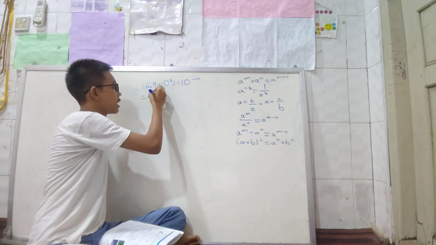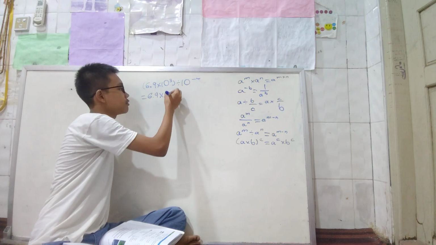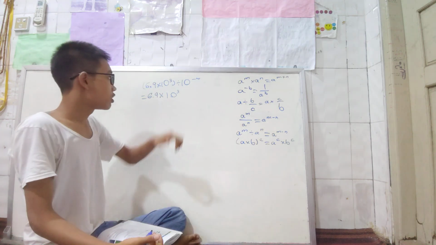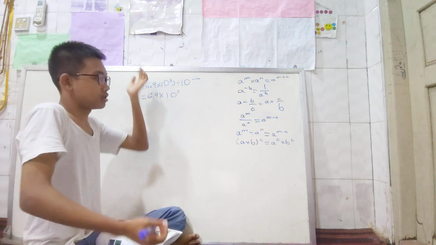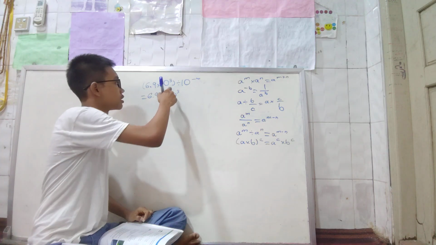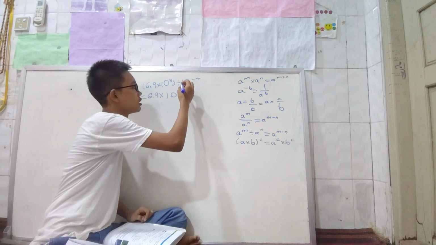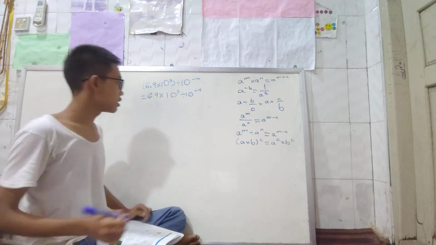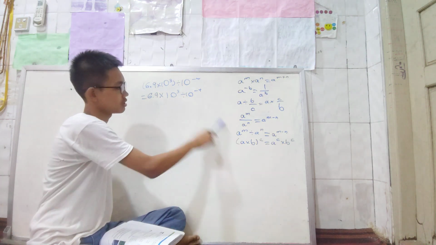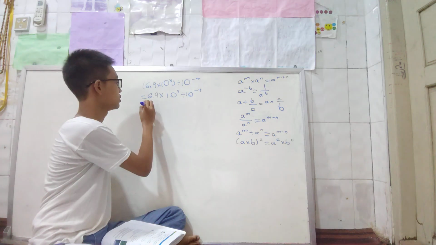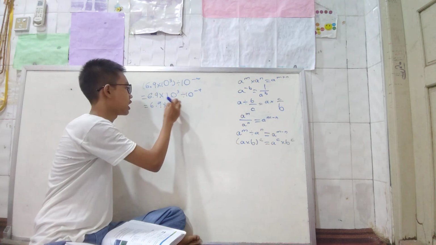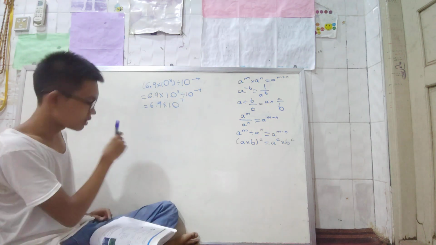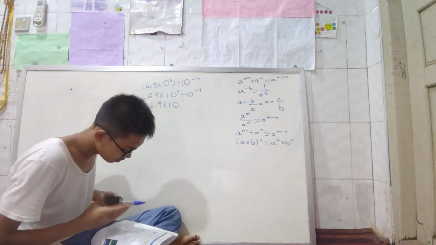So 6.9 times 10 to the power of 3. We're going to just remove the brackets, okay? Because it's just multiplication and division. We can always remove the brackets if there's no addition or subtraction inside. So 6.9 times 10 to the power of 3 divided by 10 to the power of minus 4. We're going to use this law here to handle this one. So that's going to be 10 to the power of 3 minus minus 4, which is 7. 6.9 times 10 to the power of 7. That's such a large number.